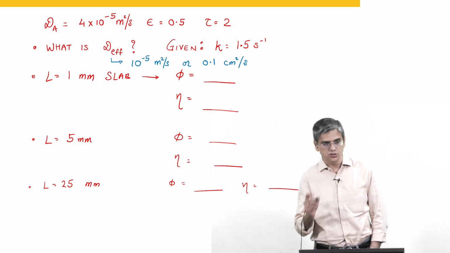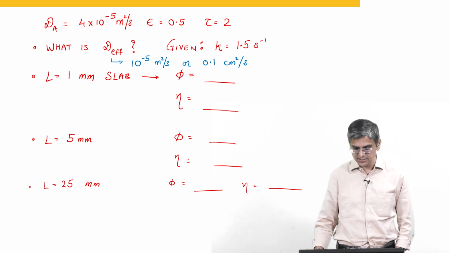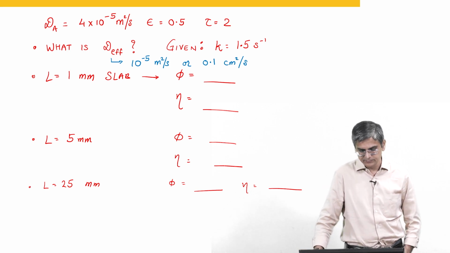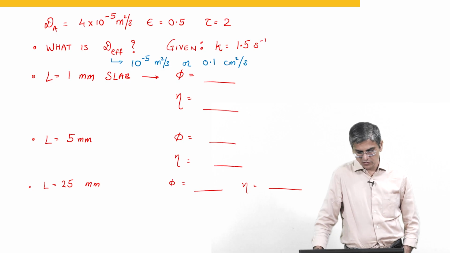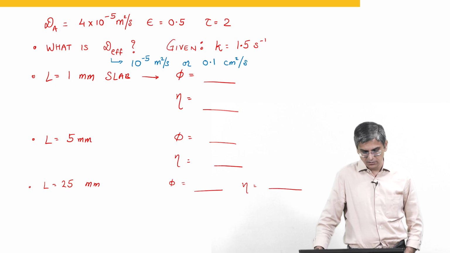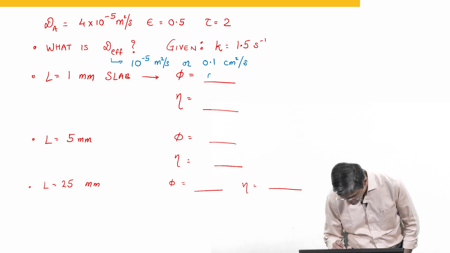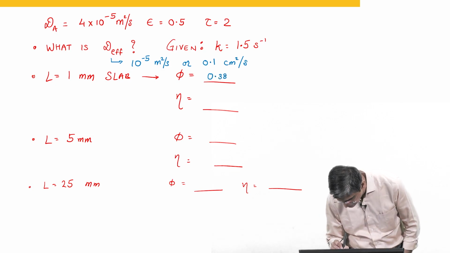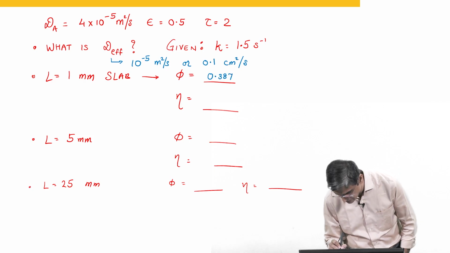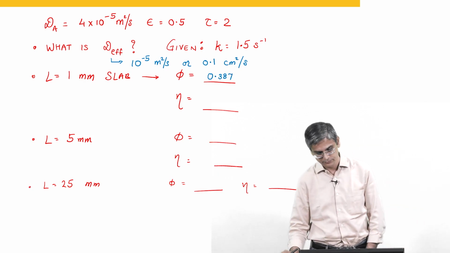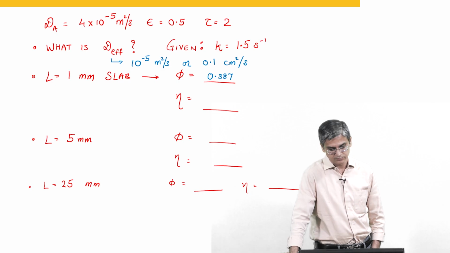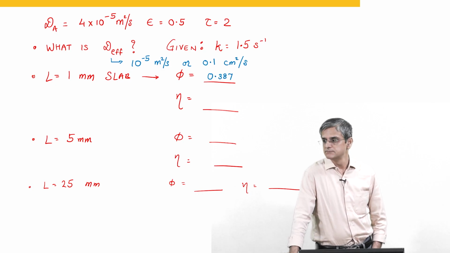Okay, he gave the answer 0.1, that is if you are doing it in centimeters per second. Okay. Given k is 1.5, L is 1, what is the value of phi? 0.386. 7. Yeah.